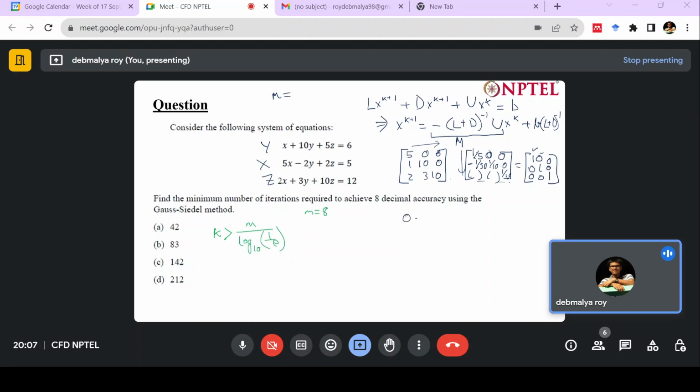We mean that we must be accurate up to 8 decimal places after the decimal point. So up to 10 to the minus 8 we must be accurate. That is small m. Small m basically says that.